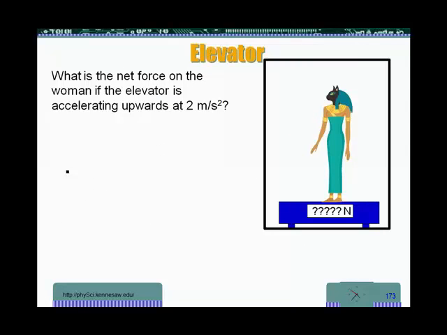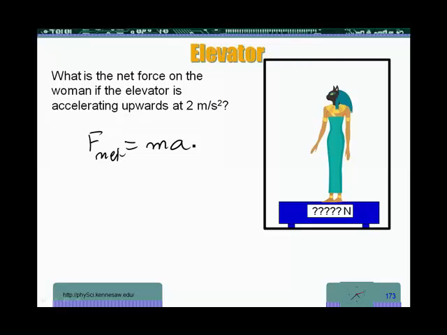Now, the next question: what is the net force on the woman if the elevator is accelerating upwards at 2 meters per second squared? Now, what Newton's second law of motion tells us, net force is ma.